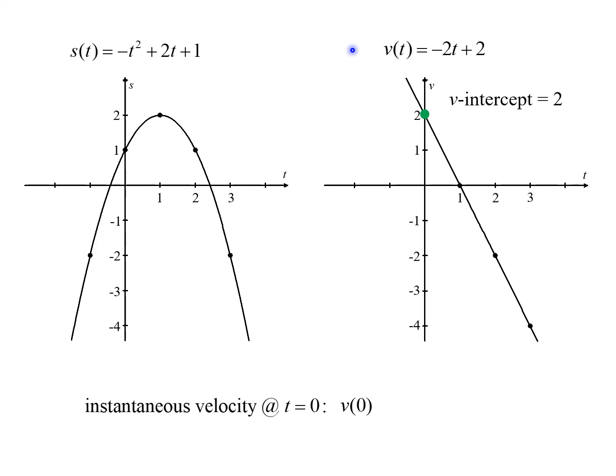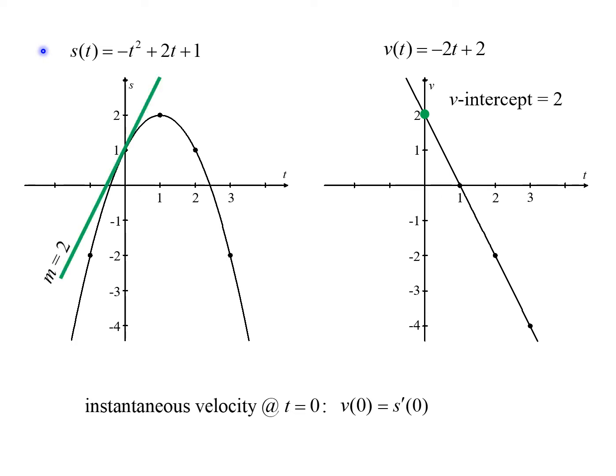Let's take a look at how the instantaneous velocity is related to the position function. Well, we go to time 0 and we have a point there on the parabola at time 0, and we'd like to know the derivative at time 0, which represents the slope of the tangent line.